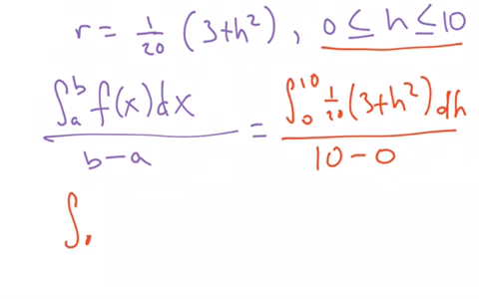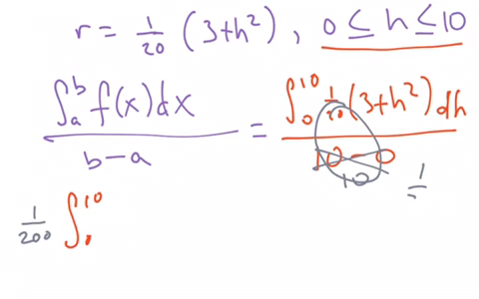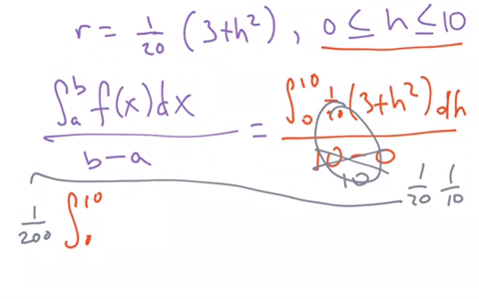We're going to do the integral from 0 to 10. This right here is clearly just 10. And 10 and 20 can be put together, so I can put 1 over 200 on the outside. All I'm doing is saying 1 over 20 times 1 over 10 is 1 over 200.